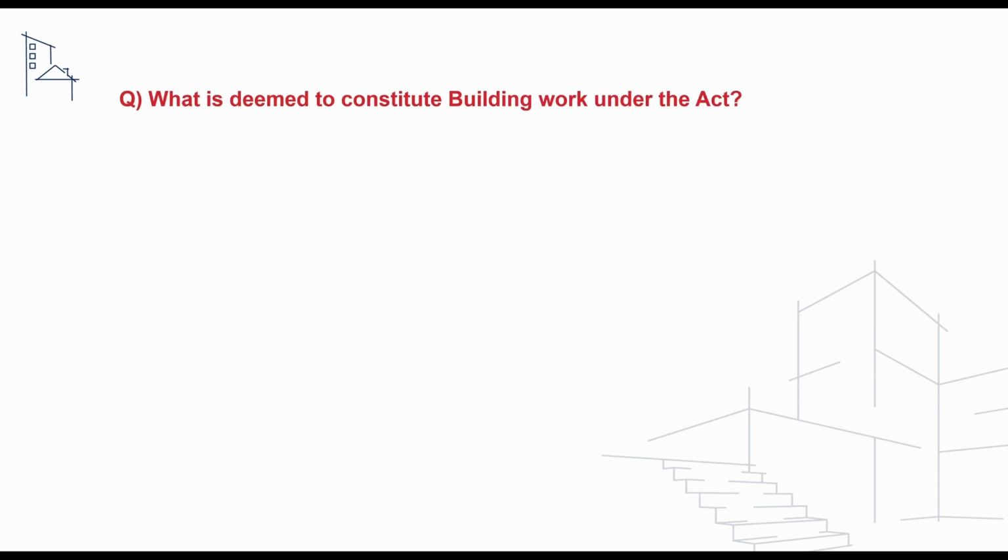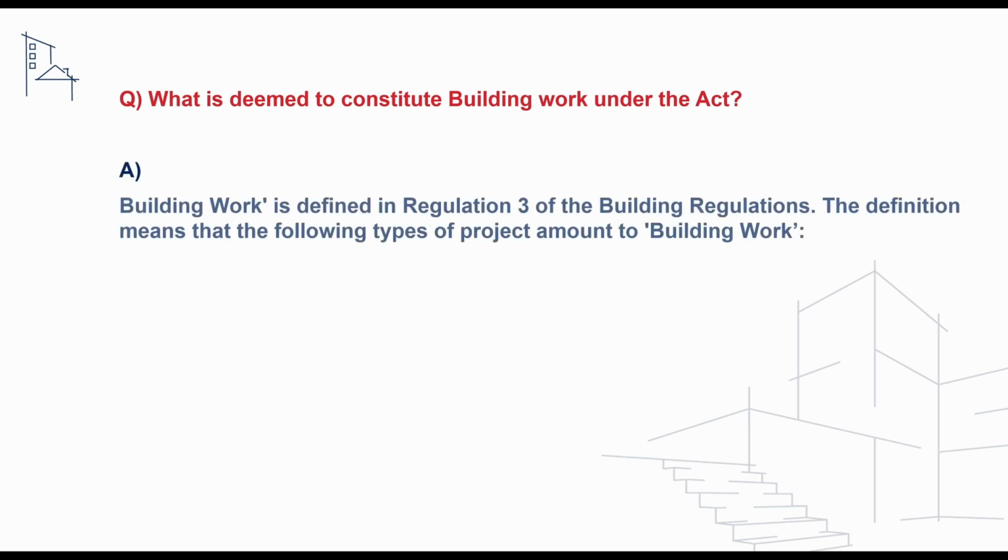A follow-on question we may be asked in relation to this is what is deemed to constitute building work under the Act? And to address this, we can say that building work is defined in Regulation 3 of the Building Regulations, and the definition means that the following types of project amount to building work.